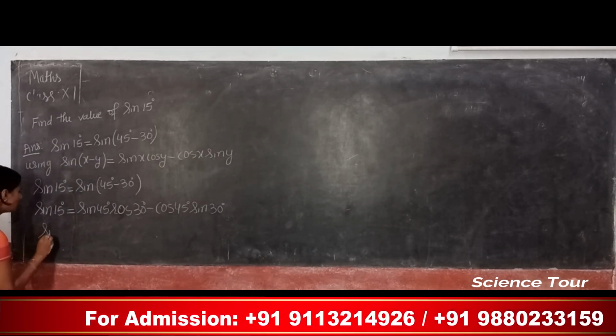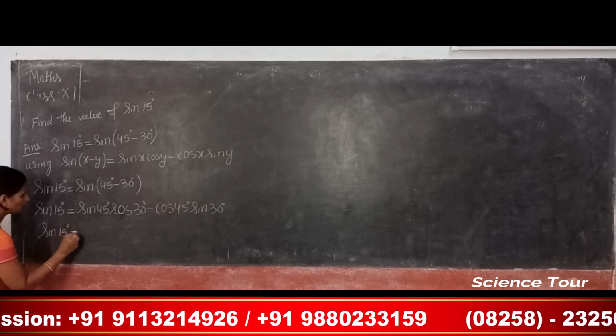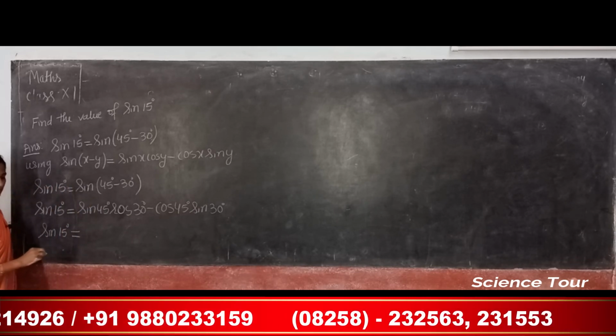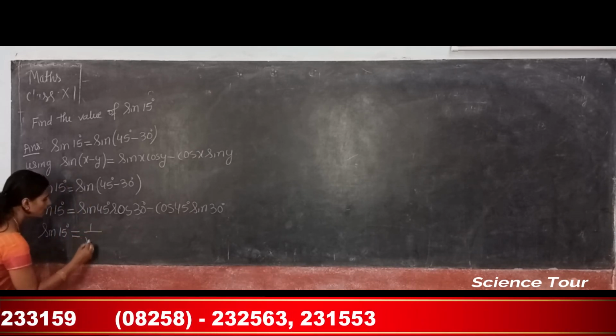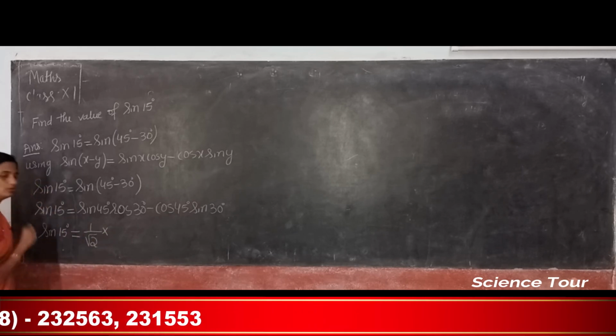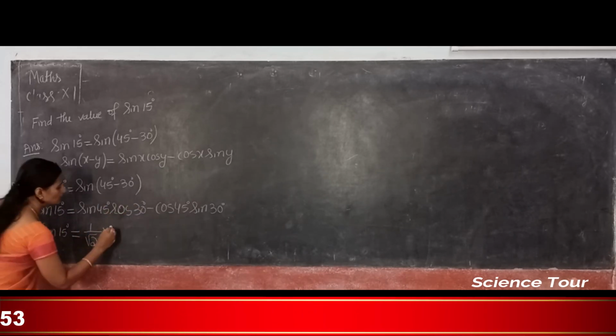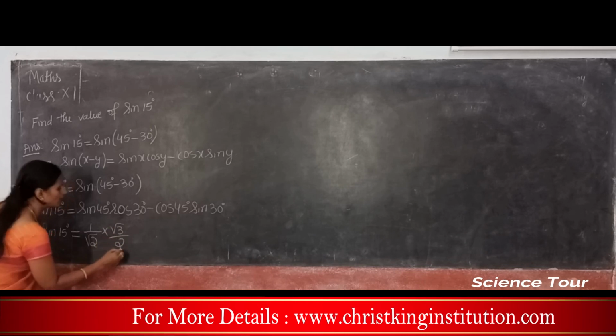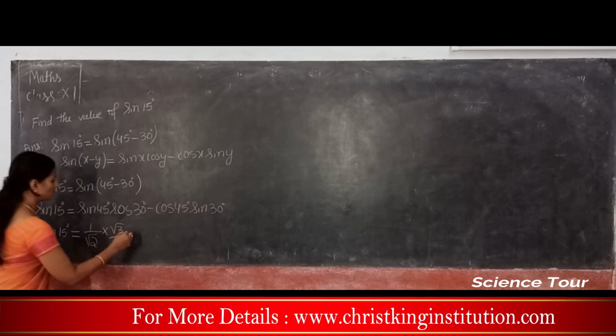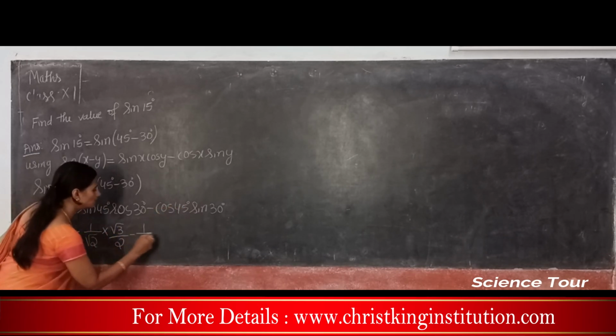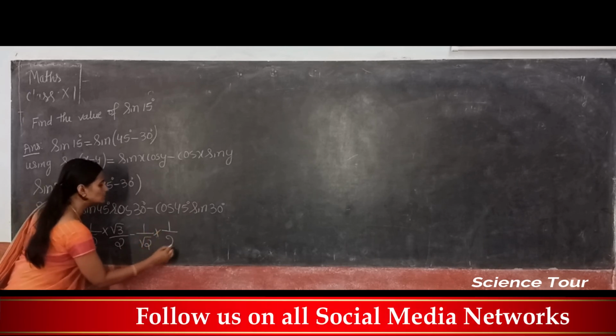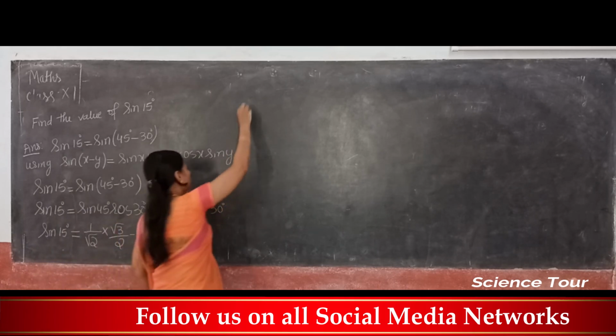So now sin 15 degrees is equal to sin 45. What is the value of sin 45? 1 by root 2 into cos 30, which is root 3 divided by 2. Correct, no? Yes, minus cos 45 is 1 by root 2 into sin 30, which is 1 by 2. You know the simplification, correct, no?